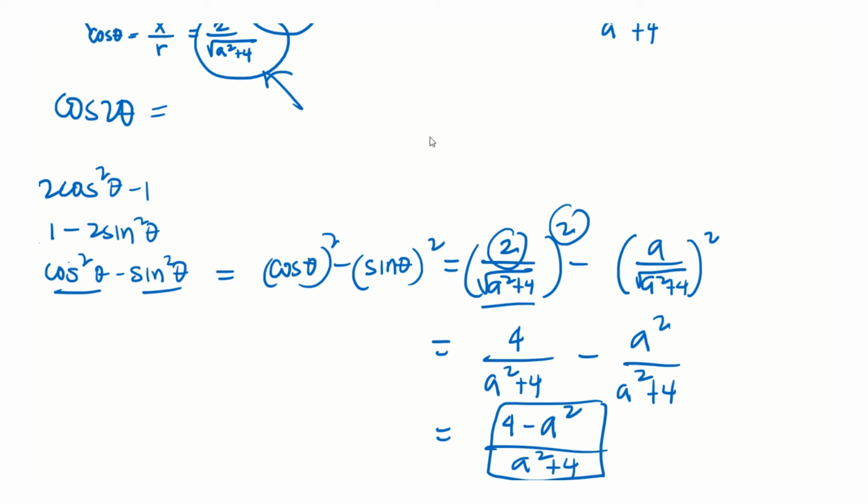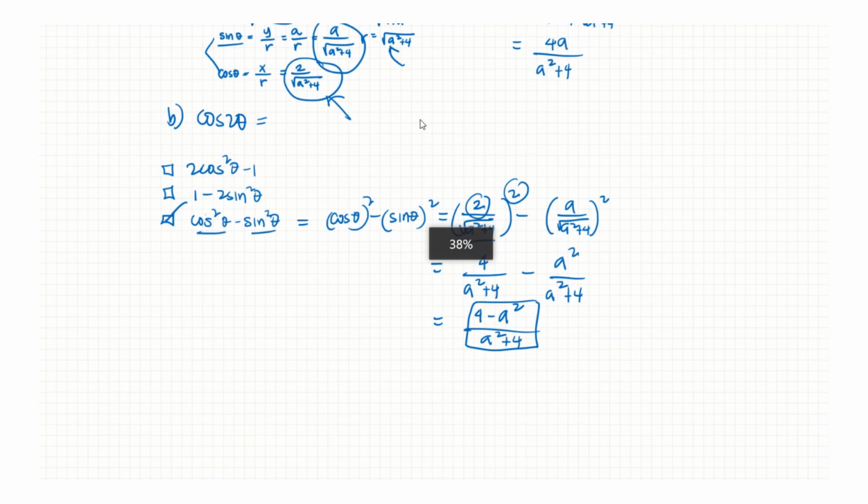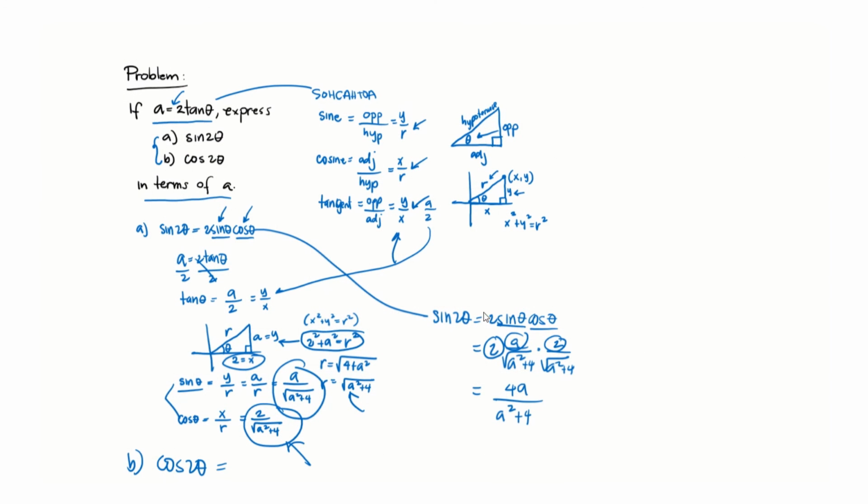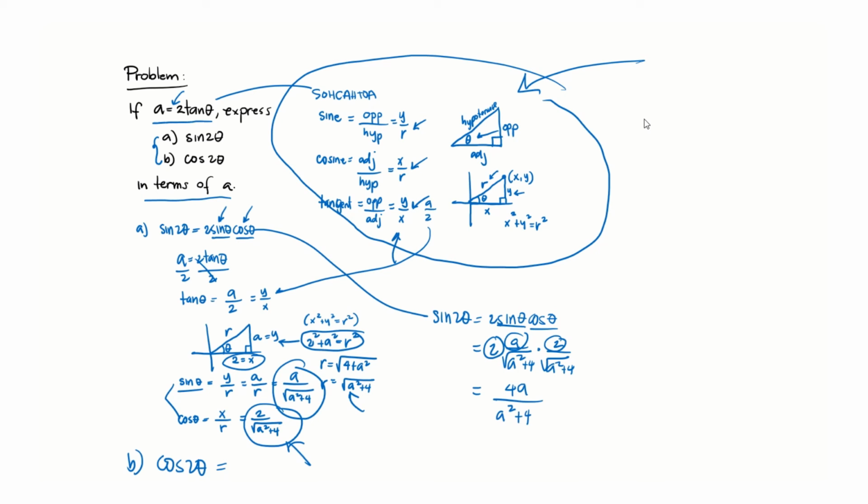Okay, so let me summarize the idea. What did we do in finding the expressions for sine 2 theta and cosine 2 theta? Very important are these ideas. If you don't know this, then you could possibly find a different way, but this is what I can give you right now. You need to know these ideas, and in addition, the identities for sine 2 theta and cosine 2 theta. The key is you manipulate the given expression and isolate the function.